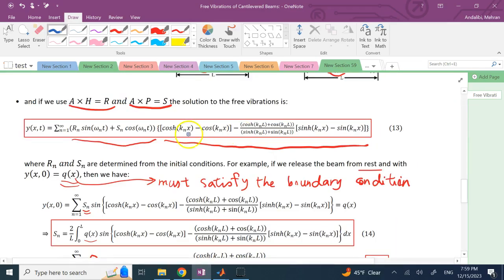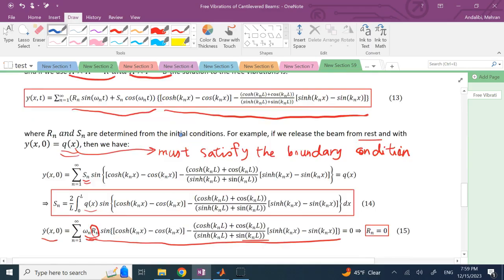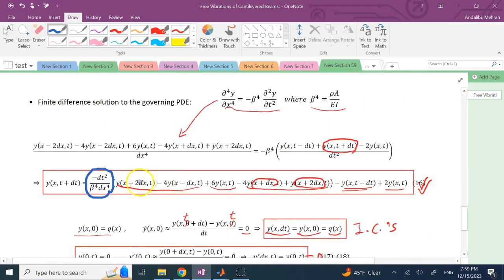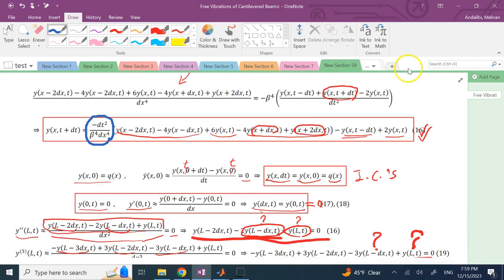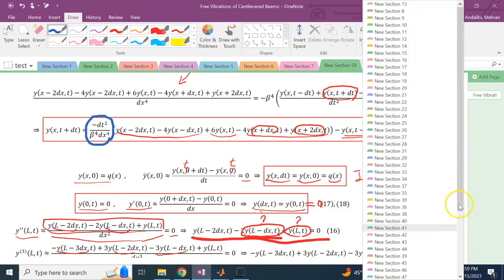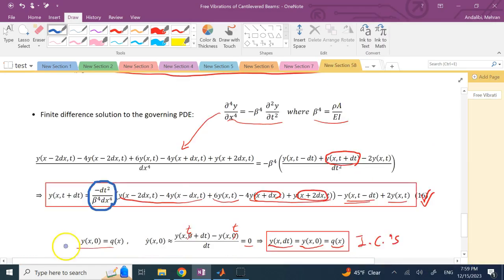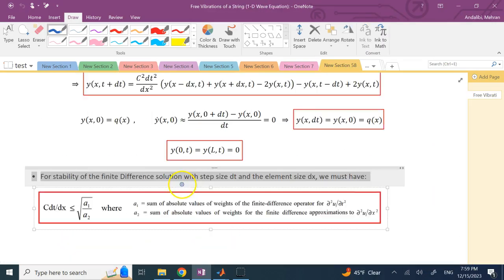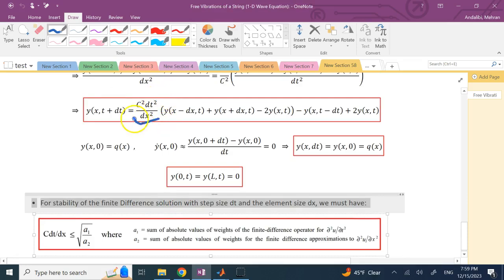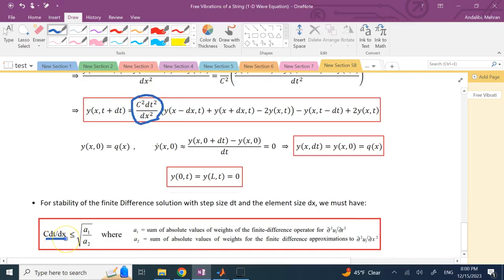Okay? Remember last time? Let me go back. Remember last time the term that we compared against for the string was what? Again, it was the square root. Let's go back, take a look. There we go. You see, it was this term. We had this, and here we used the square root of that, c dt over dx. So here we use the same thing.